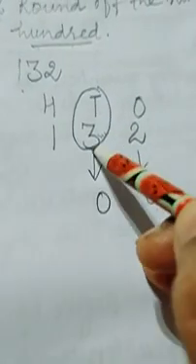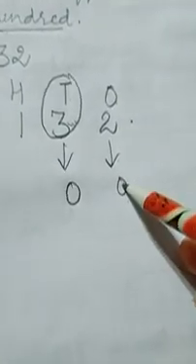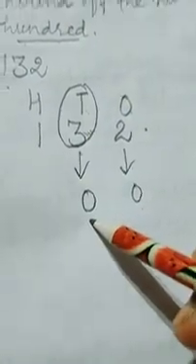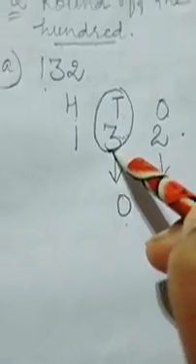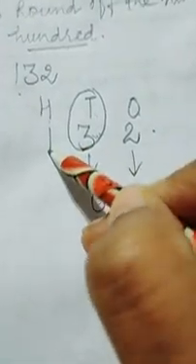The digit that we have to observe will become 0, and the digit after that, the ones digit, will become 0, the tens digit will also become 0, and if there is a change, it will be at the 100 place. If the tens place digit is 5 or more than 5, then the next 100 place digit will be written.